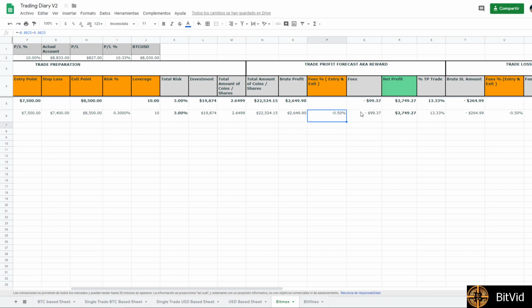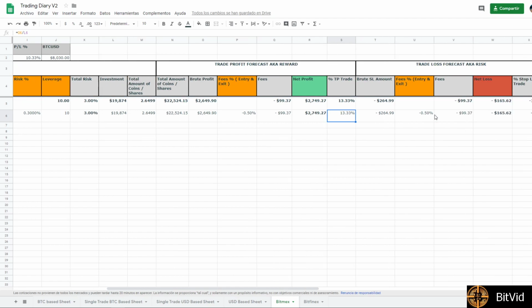So the total amount of fees is $99 if everything works perfectly. So this would be the gross profit of the trade, and then that will be the net profit, which is the addition of this and this. And then we will see where we have to put our target profit in the chart. It means that we will achieve a 13% target profit.